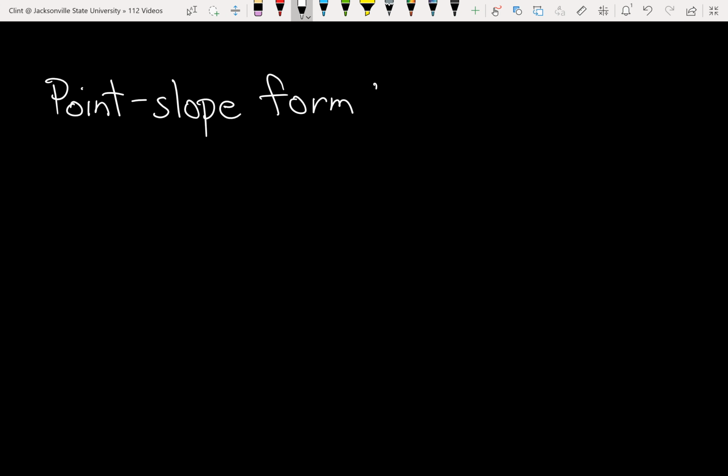So here we're not necessarily using the y-intercept, we're just using some generic point. So here we're going to have y minus y1 equals m times x minus x1.